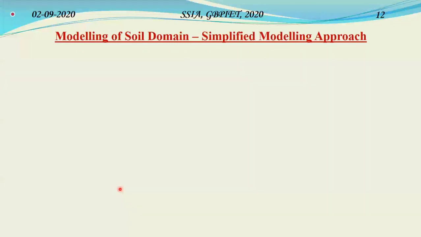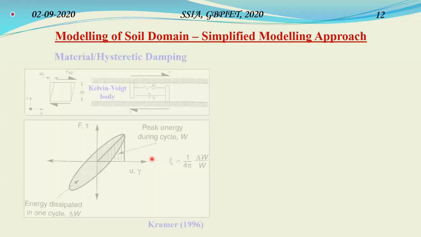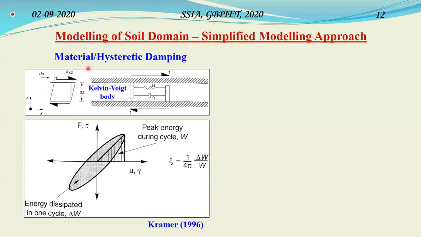To look into the hysteretic damping and radiation damping a little bit. The material or hysteretic damping is basically a manifestation of the cyclic loading of a sample. If we have a particular soil element and we shear the soil element continuously back and forth, there will be dissipation of energy.